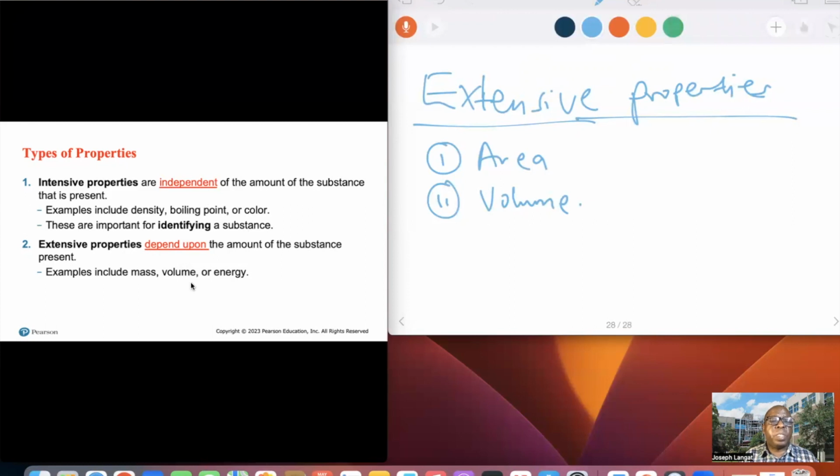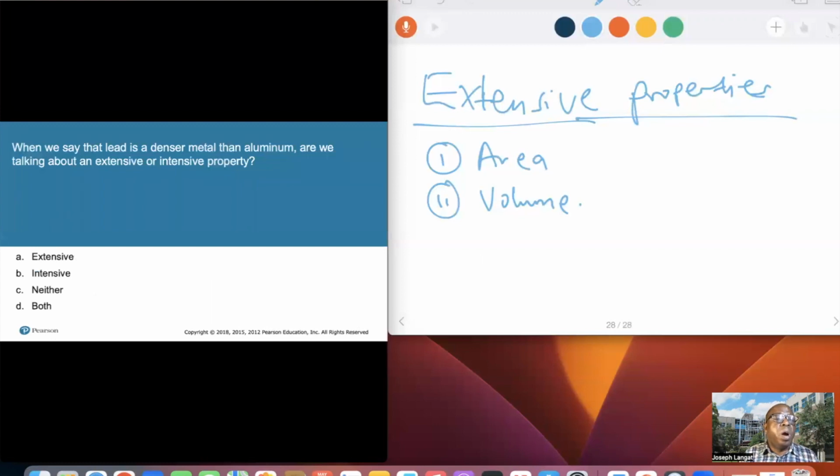So some properties which could be physical can also be classified as intensive or extensive. Got to know that. When we say that lead is denser than aluminum, are we talking about extensive or intensive? The word here, denser, comes from density, which is intensive.